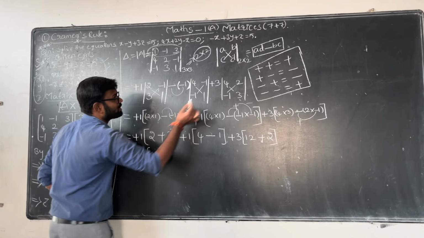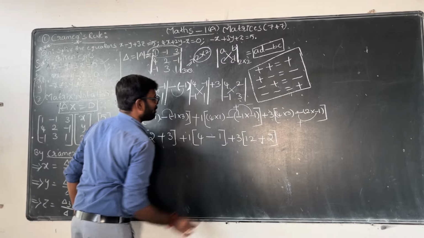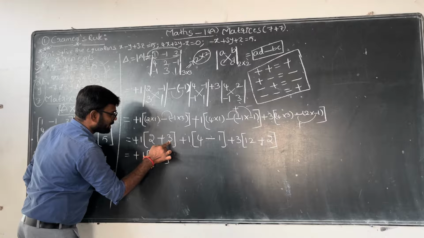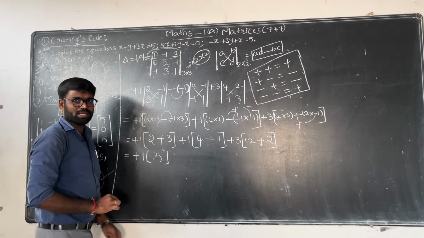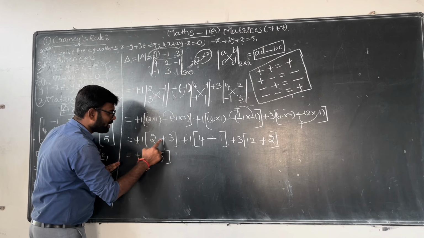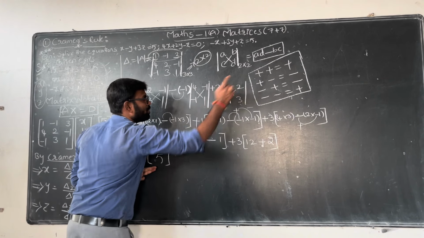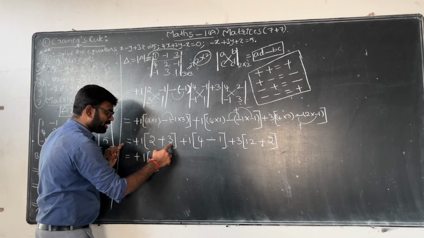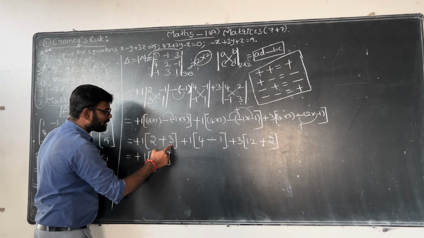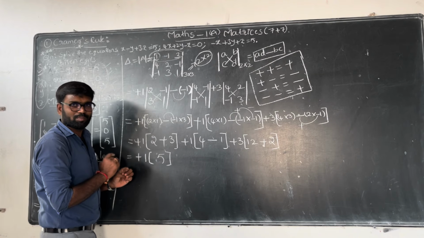Plus into plus, plus. 2 plus 3 is 5. Next, the highest term sign is plus only. So 3 steps: first, multiply the signs, plus into plus only. Second, add the given numbers, 2 plus 3 is 5. Third, the sign of the highest term is what is mentioned.